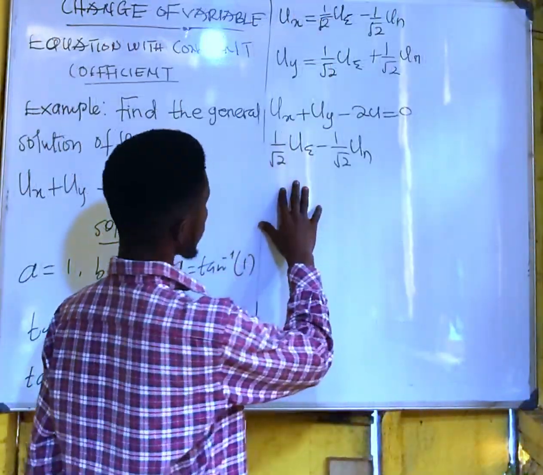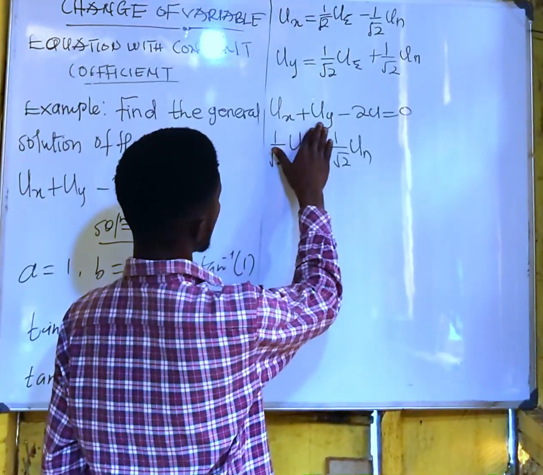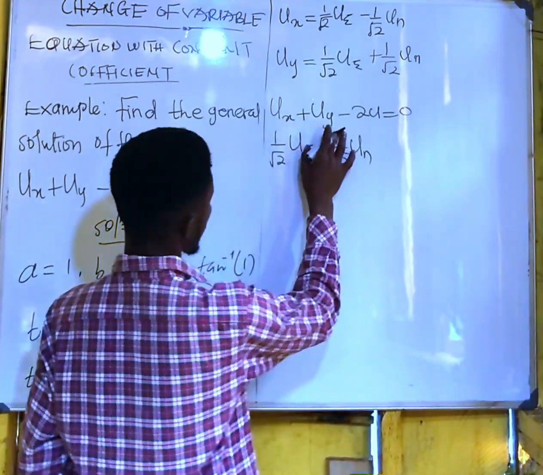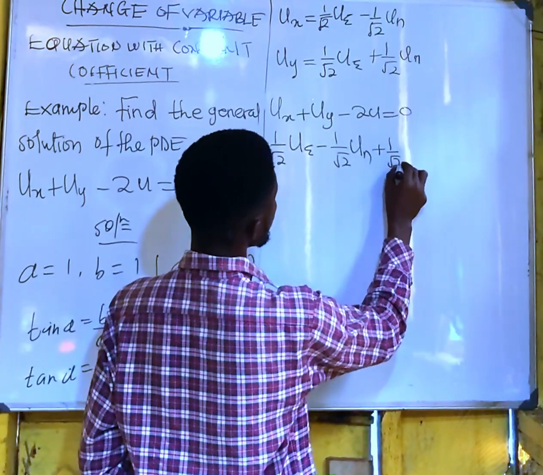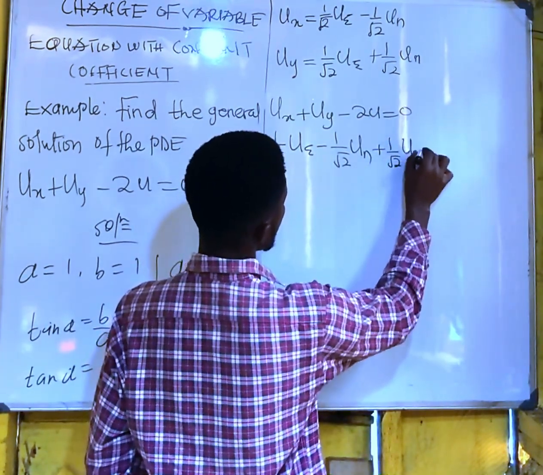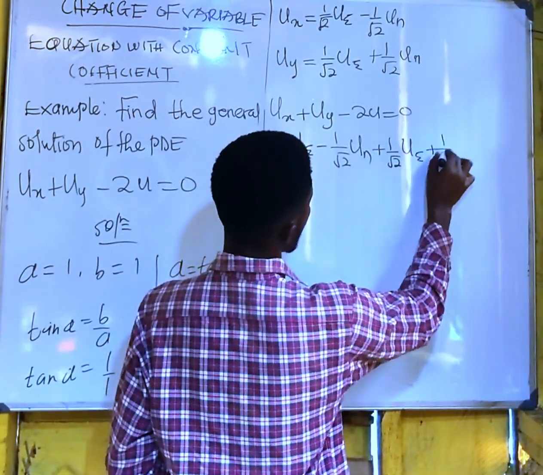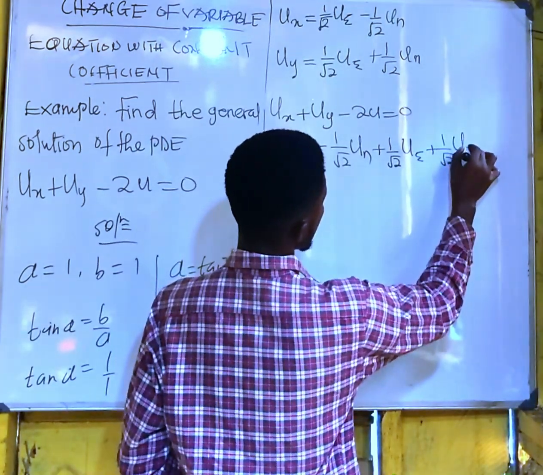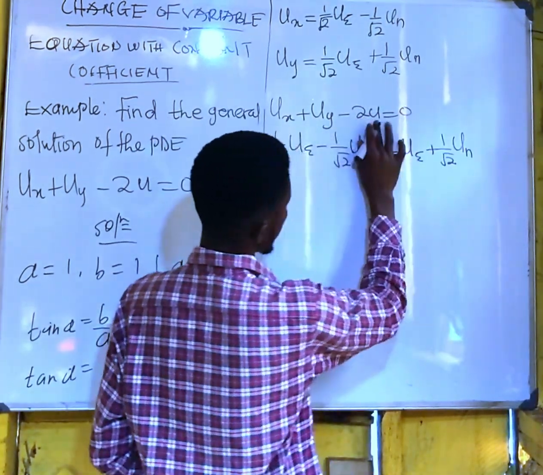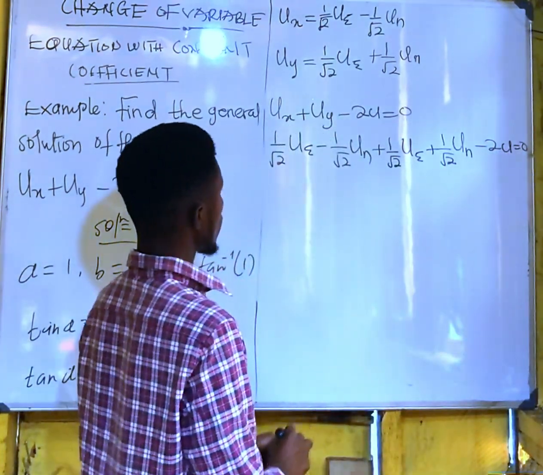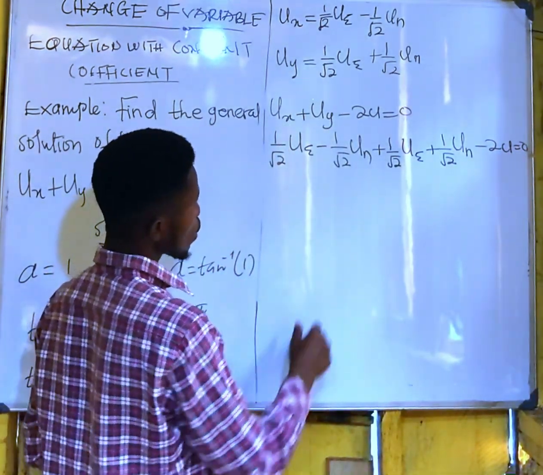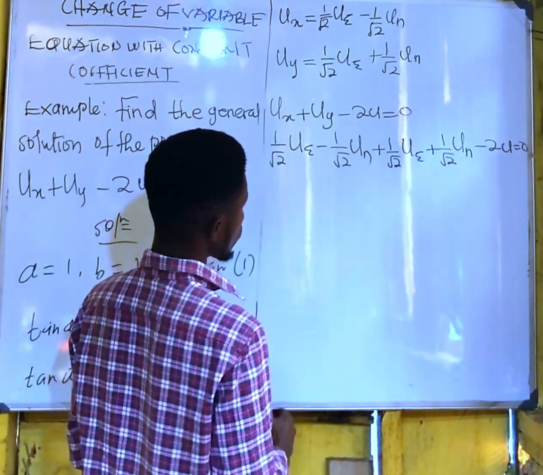Okay, so now I'm done with this one. Let me look at the u subscript y. That one is also plus 1 over root 2 u xi plus 1 over root 2 u eta, then minus 2u equals 0. Is that okay? So in this case, this and that are the same, so they will cancel out.